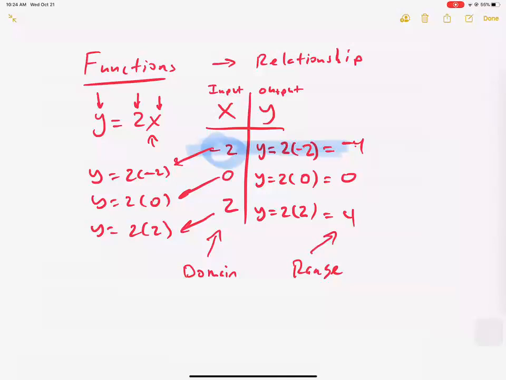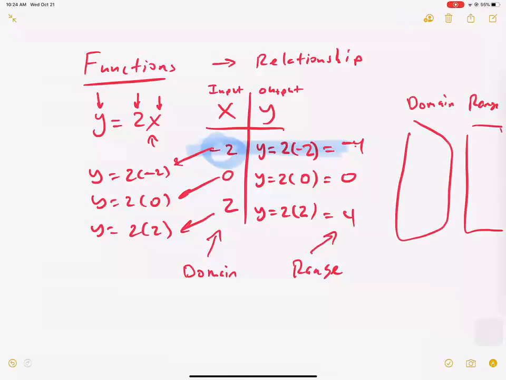So we'll see this in one more way right here. If I write domain and range for the problems that we plugged in, draw 2 boxes here. The possible x's we used were -2, 0, and 2. And the possible answers we got were -4, 0, and 4. And these were connected.